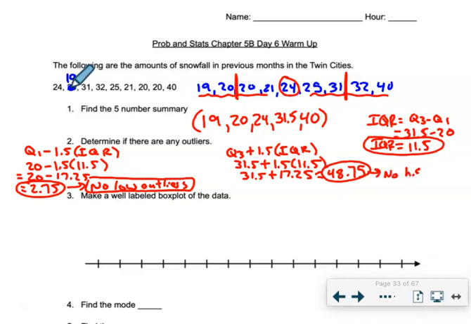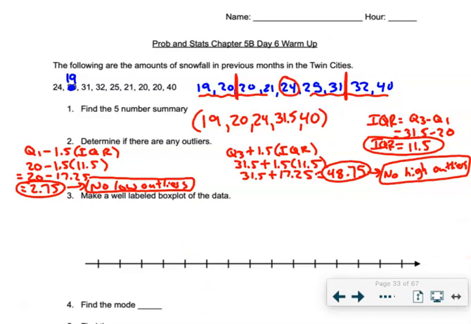All in all, there aren't going to be any outliers in this problem, which happens sometimes. None of our numbers are significantly smaller or larger than the rest. We don't have anything outside the range of about 2.75 to 48.75. So no outliers at all, and we don't need to worry about making stars on any of the spots of the box plot.